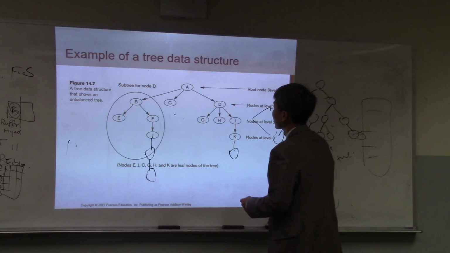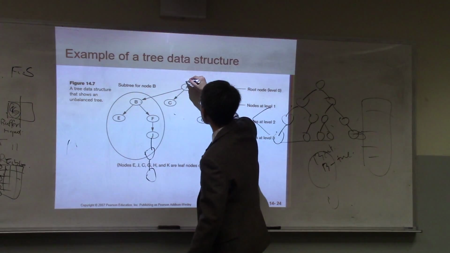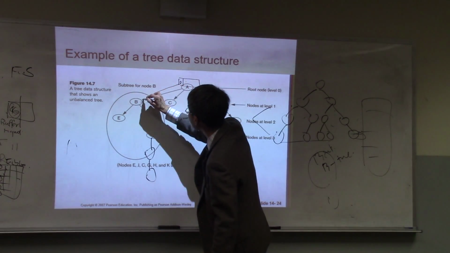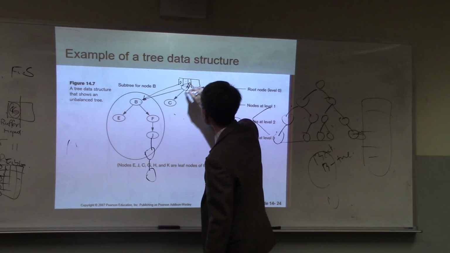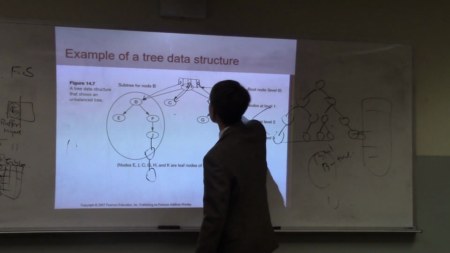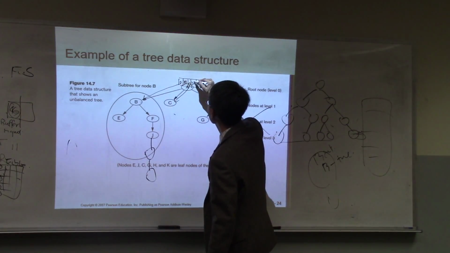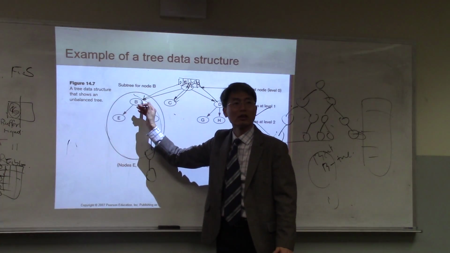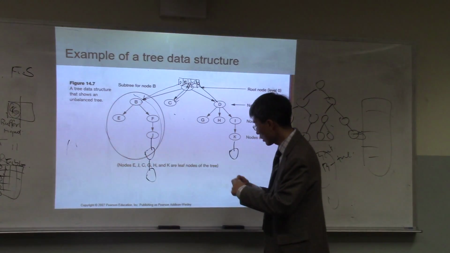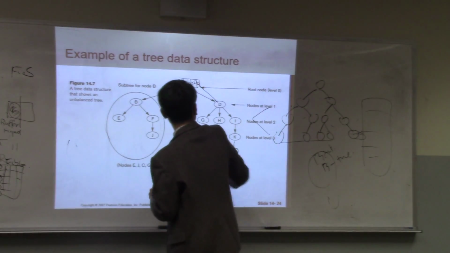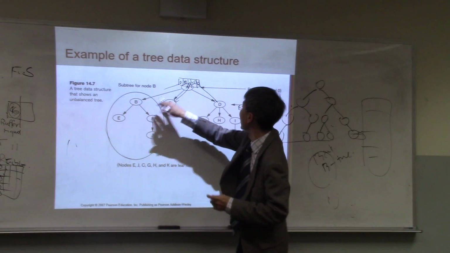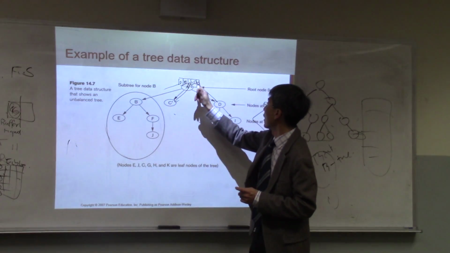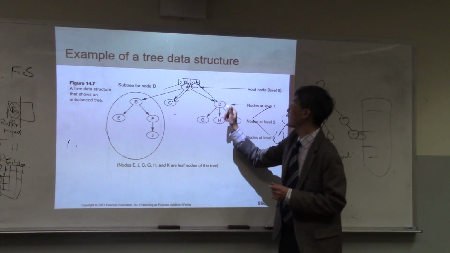For example, let's say this one is the block pointer to this, pointer to this, pointer to this. Then this is a 10, this is a 20. Less than 10 goes to this subtree. So this is a key value. Between 10 and 20 goes to child C. Higher than 20 goes to D.